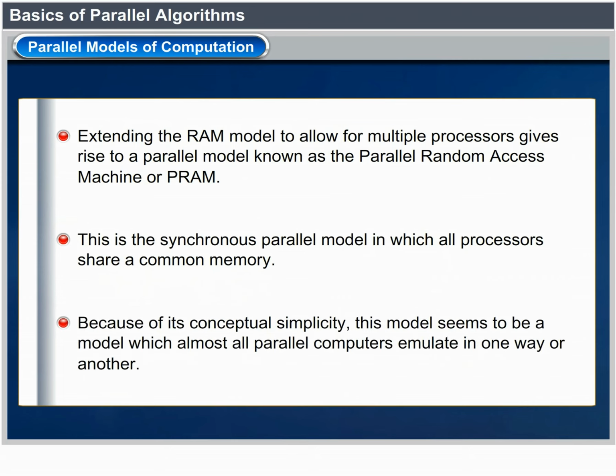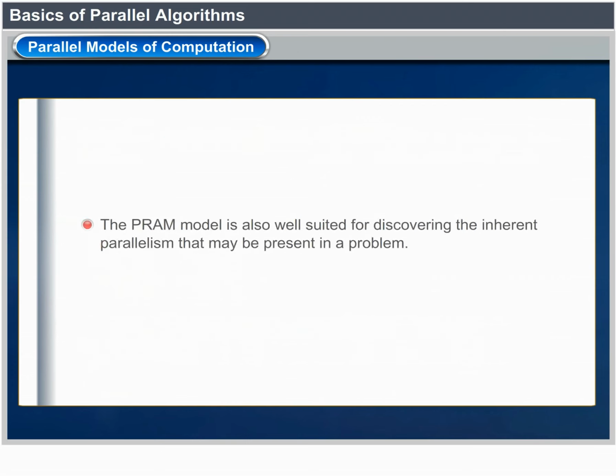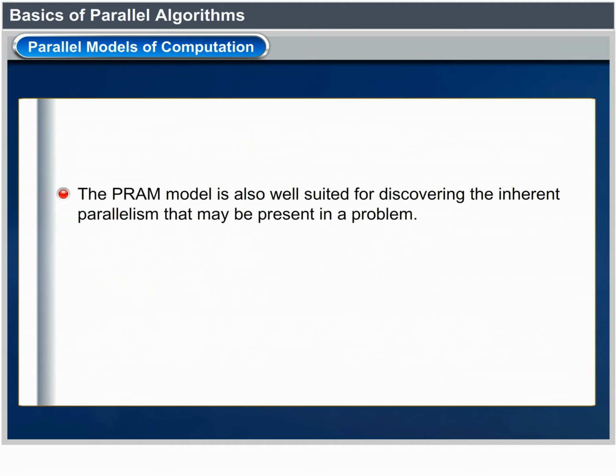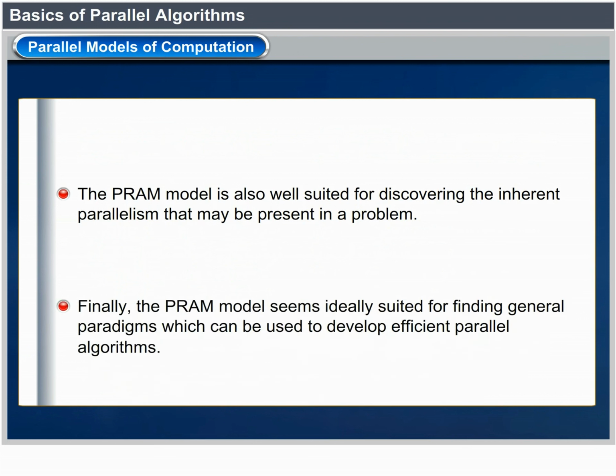Because of its conceptual simplicity, this model seems to be a model which almost all parallel computers emulate in one way or another. The PRAM model is also well suited for discovering the inherent parallelism that may be present in a problem. Finally, the PRAM model seems ideally suited for finding general paradigms which can be used to develop efficient parallel algorithms.